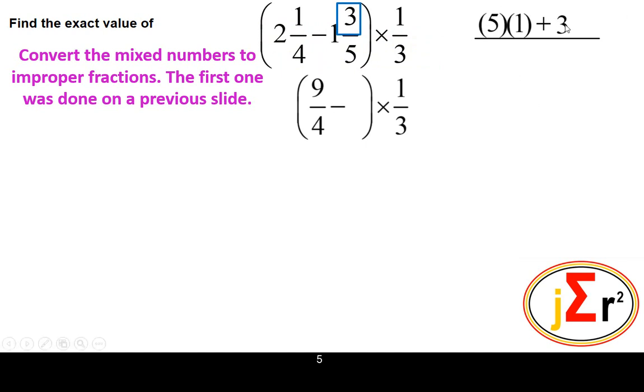We add the numerator to that, and of course we know that the denominator will be the original denominator. So it will be 5 times 1, 5, plus 3, 8. And that will be 8 over 5.